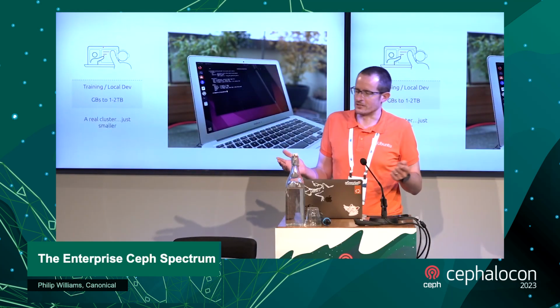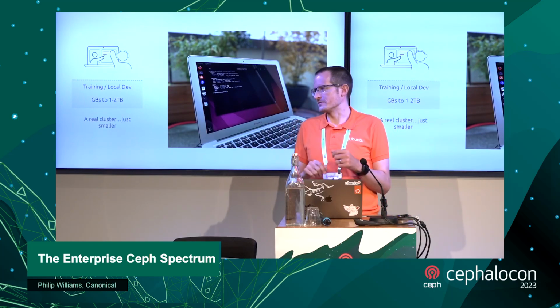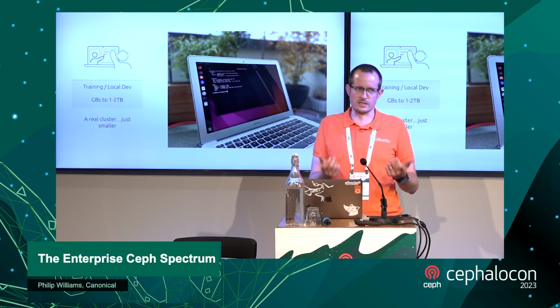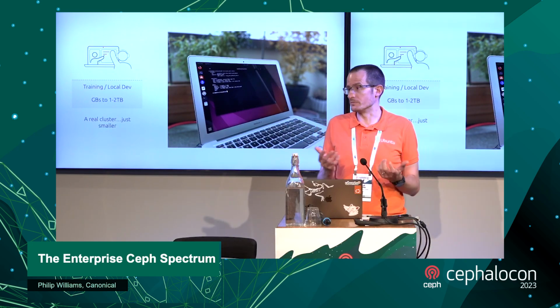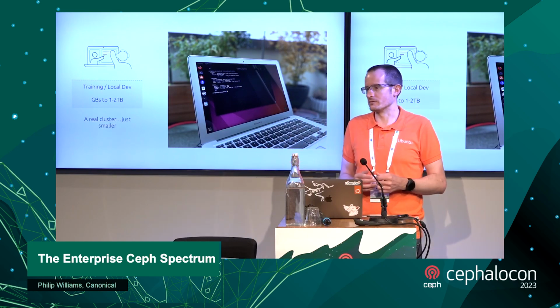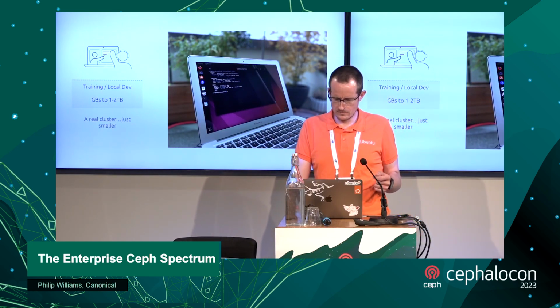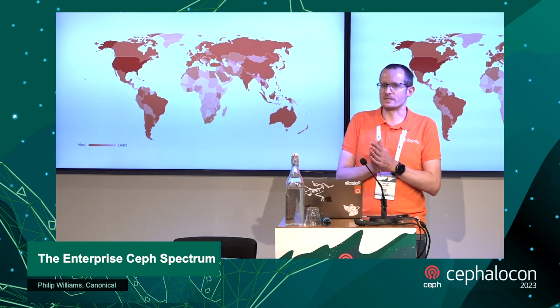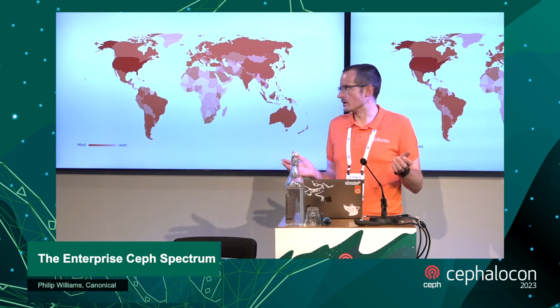And then, of course, there's that teeny tiny environment, a few gig, just for doing some testing. But it's a real cluster with a real API, the thing that you would actually build for and use in reality when you go and deploy. And then this is a representation of where we see Ubuntu in the world.